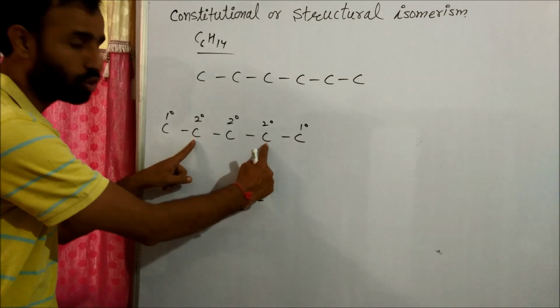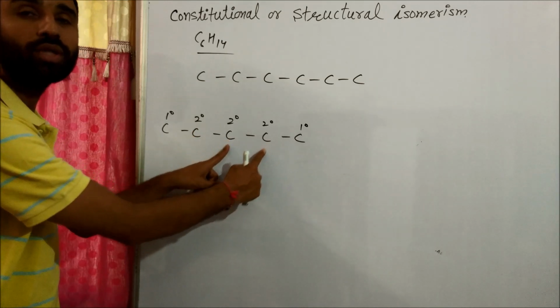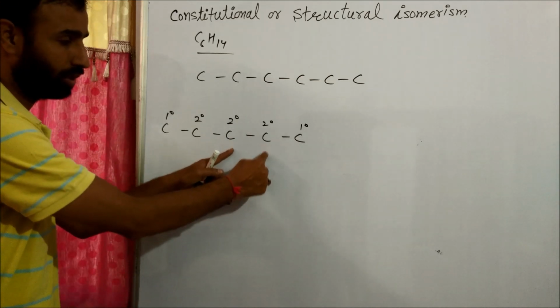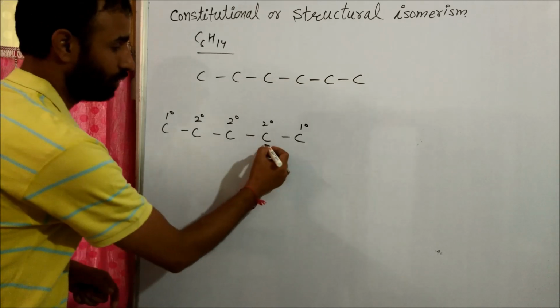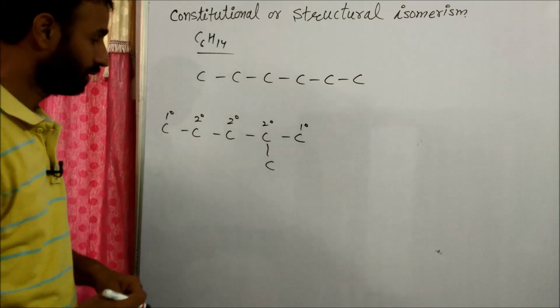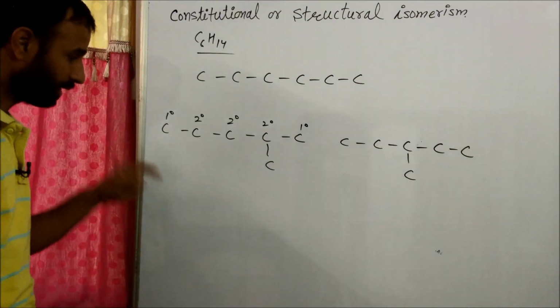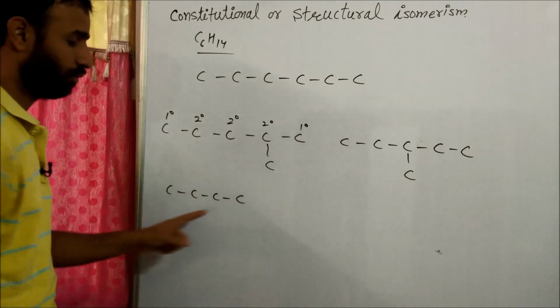So these 2 are of the same type, but this one is of a different type. So that means we can attach the carbon at 2 different secondary carbons. So this is one, or we can attach here. This is the case. Then come to reduce, and next 4.